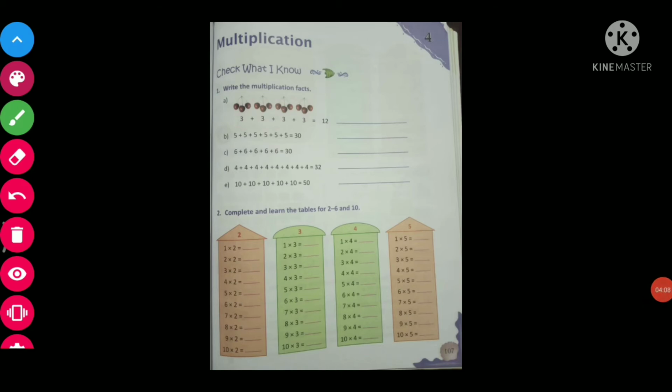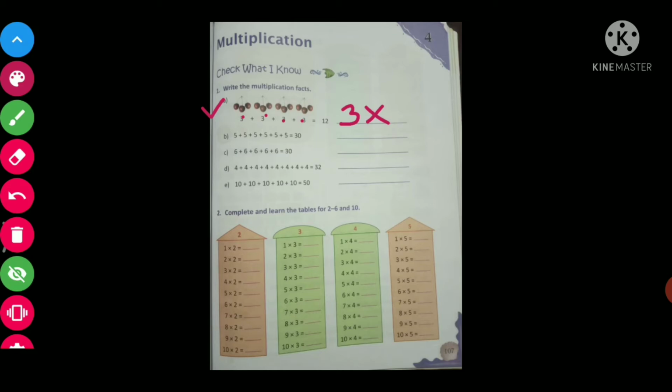So how can we write a multiplication fact? See the first one: 3 plus 3 plus 3 plus 3 equal to 12. We can also write this as 3 multiplied by how many times 3 occurs: 1, 2, 3, 4.